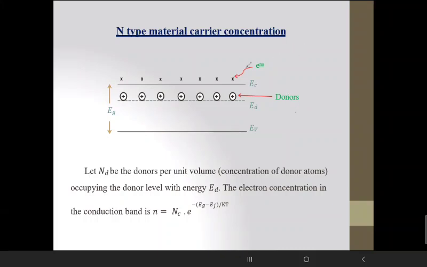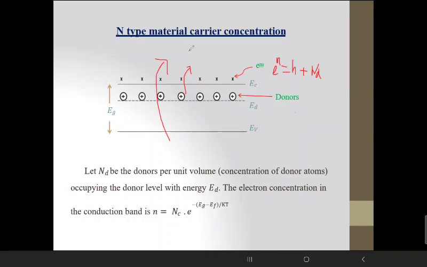I already explained that the electrons come from the donor atoms, which provide electrons and become donor ions, and some of the electrons in the valence band can go to the conduction band.